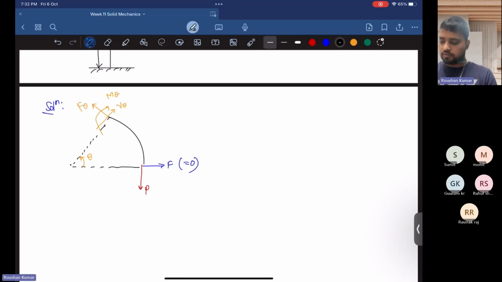Now coming to the lower part, that is the straight part.